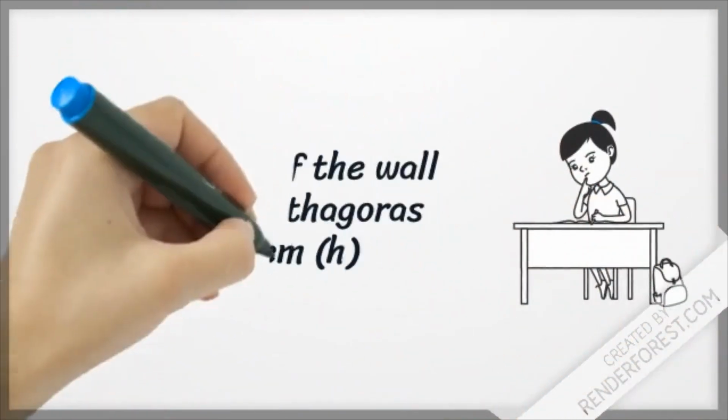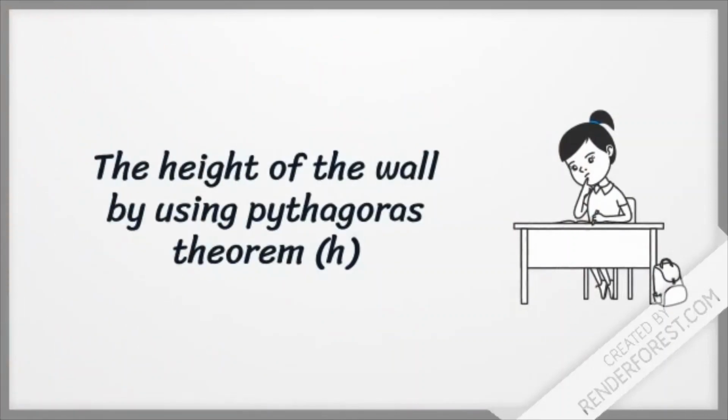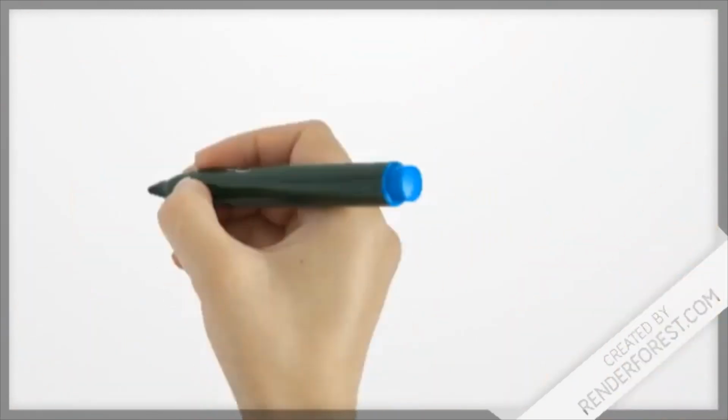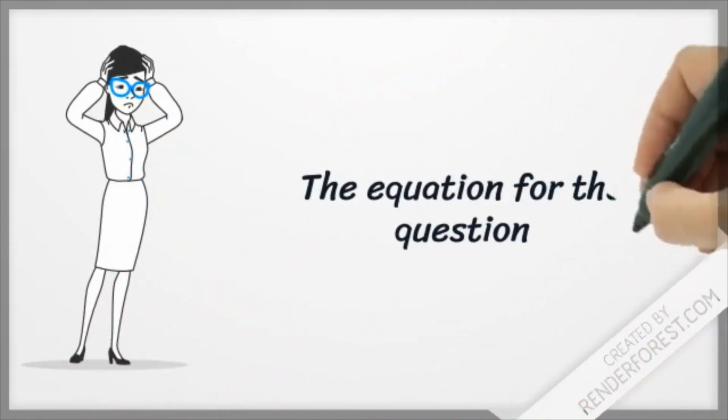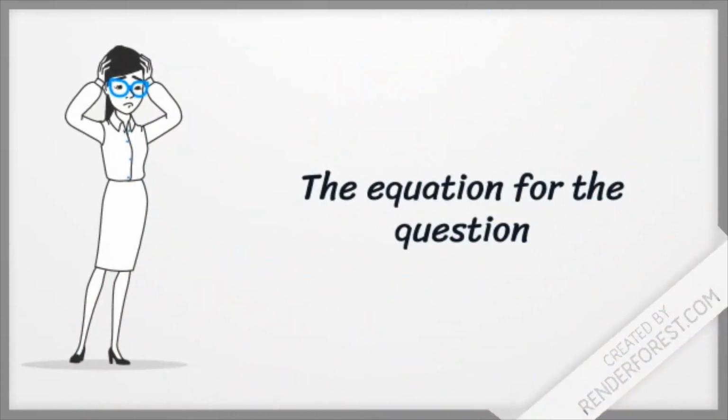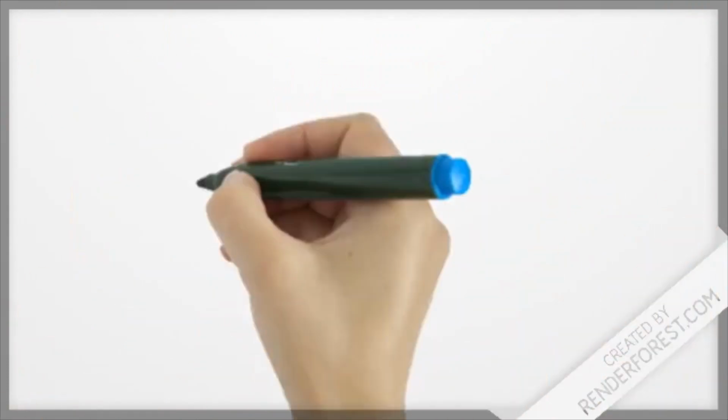In the question, they already gave us the rate of change of the height of the wall, dh/dt, which is 7 meters per second. Then we need to find the original height of the wall, h, by using Pythagoras theorem. And lastly, the equation for the question, which is related to the Pythagoras theorem equation.